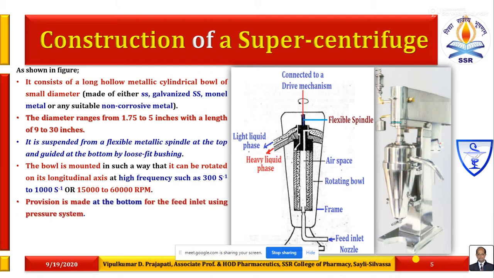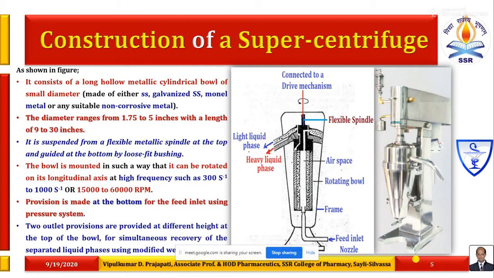Provision is made at the bottom for the feed inlet as a nozzle using a pressure system. So it is connected through a pressure system and the feed inlet tank is there. So feed is continuously introduced through a nozzle located at the bottom with the help of the pressure system.